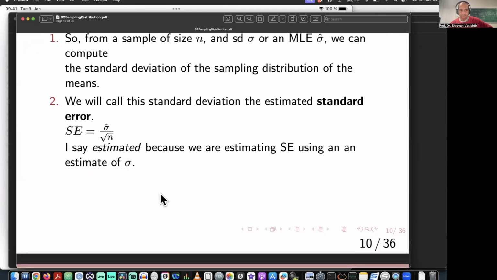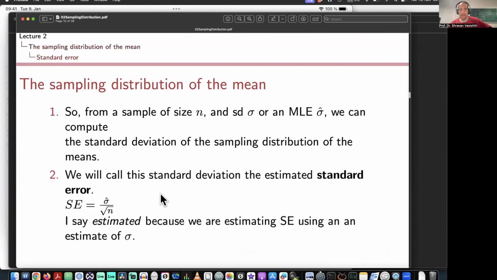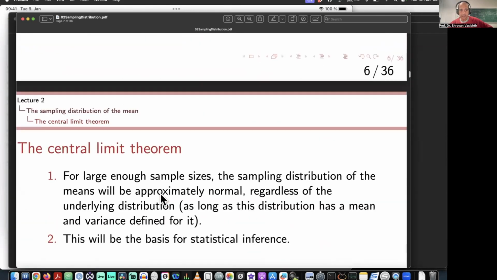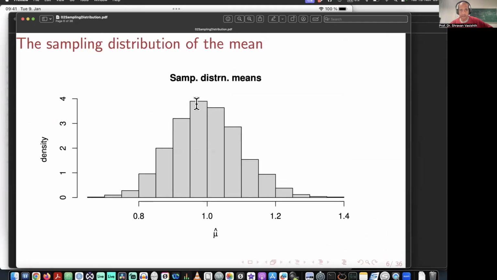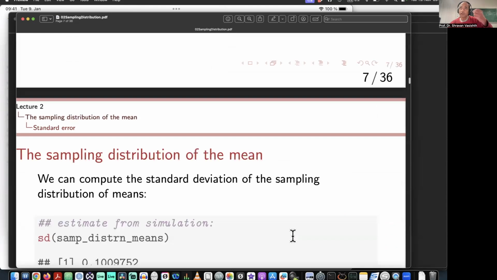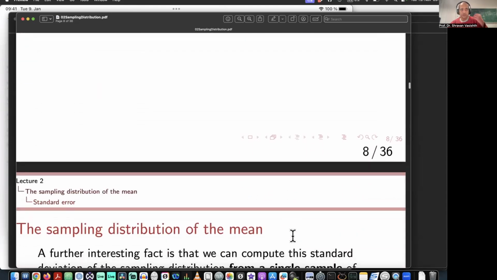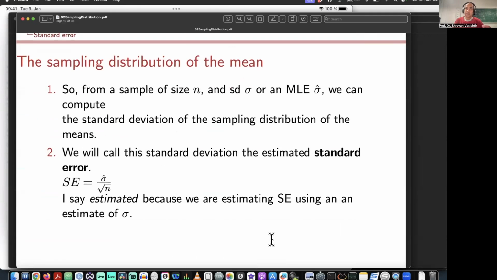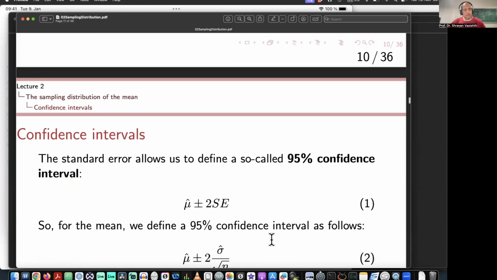And they allow us to describe the sampling distribution of the means, as I explained earlier. So we can describe the sampling distribution of the means from a single sample. I'm saying this over and over again because it's really important to understand that we are working with a single sample, and from that single sample, we are talking about the hypothetical distribution of sample means under hypothetical repeated sampling, okay?